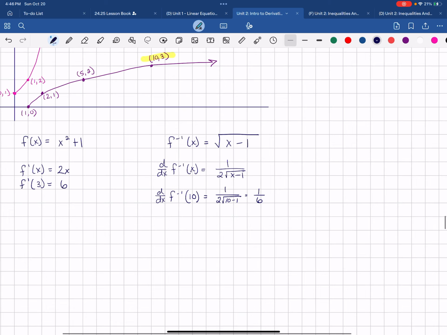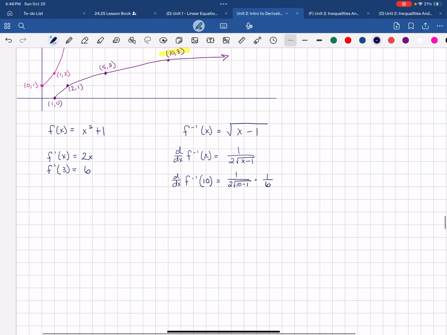So notice that if I look at their partner points, the point (3, 10) here, and the point that correlates to that on the inverse function would be the point (10, 3). They are reciprocals of each other. So the derivative at (3, 10) is 6. The derivative of the inverse function at its input of 10 is 1/6.